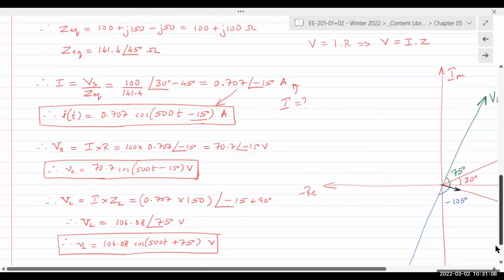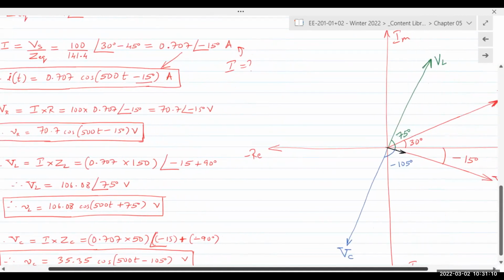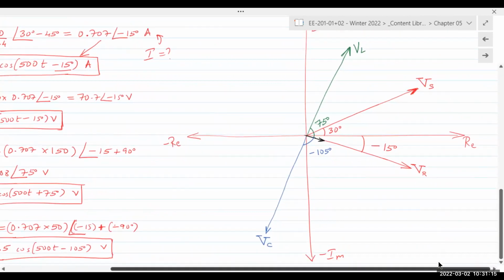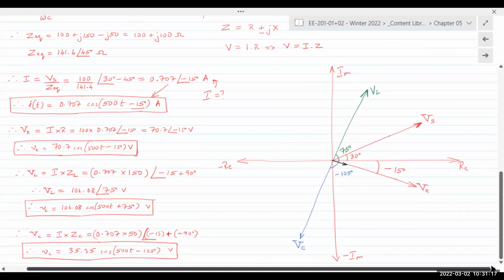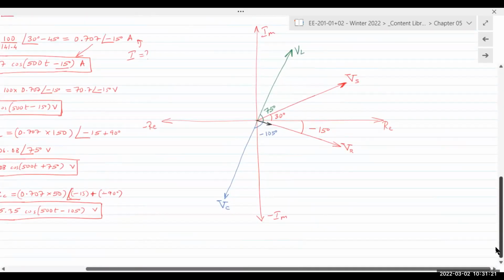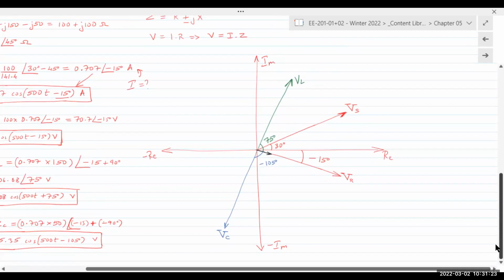All right, let's look at the phasor diagram. So a phasor diagram is simply the graphical representation of the vector, if you're representing both the source as well as the impedance as a vector quantity.